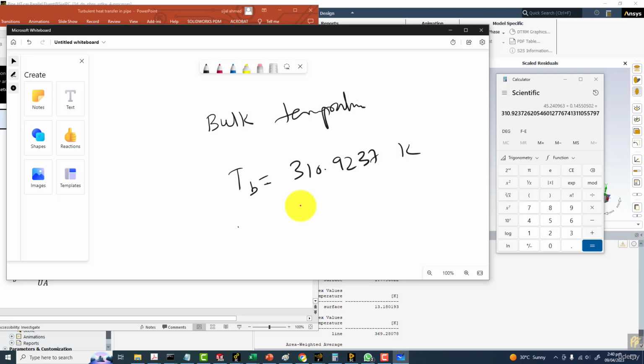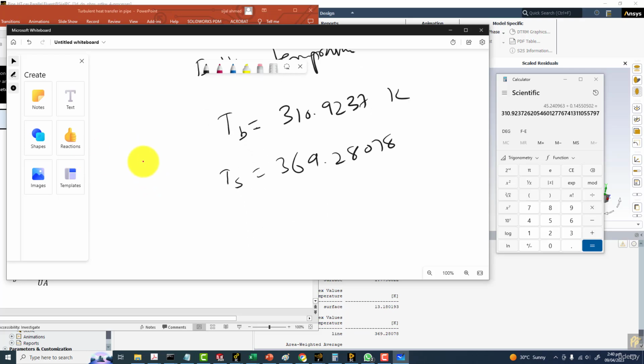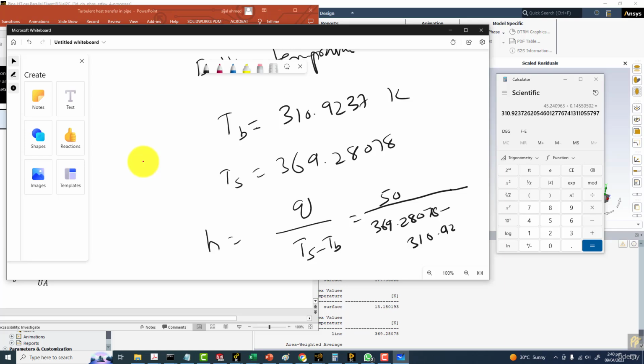So TS, or surface temperature, is 369.28078. Okay, and we have the formula from Newton's law of cooling that h is equal to Q upon TS minus TB. So Q is 50, and we divide by 369.28078 minus 310.9237.